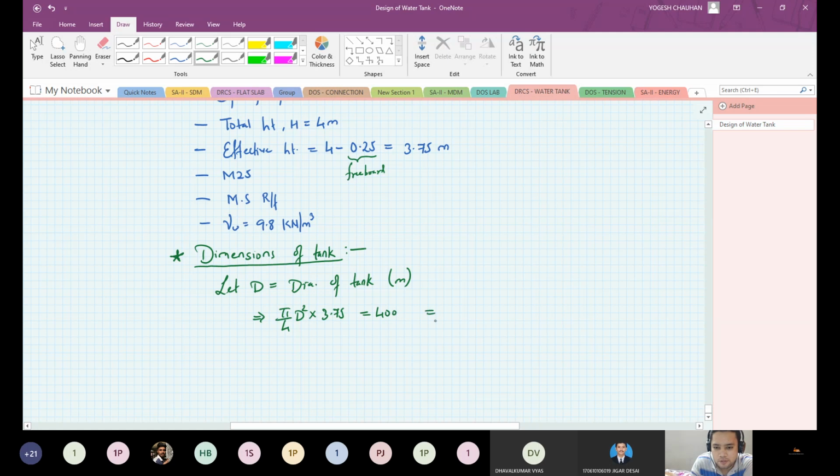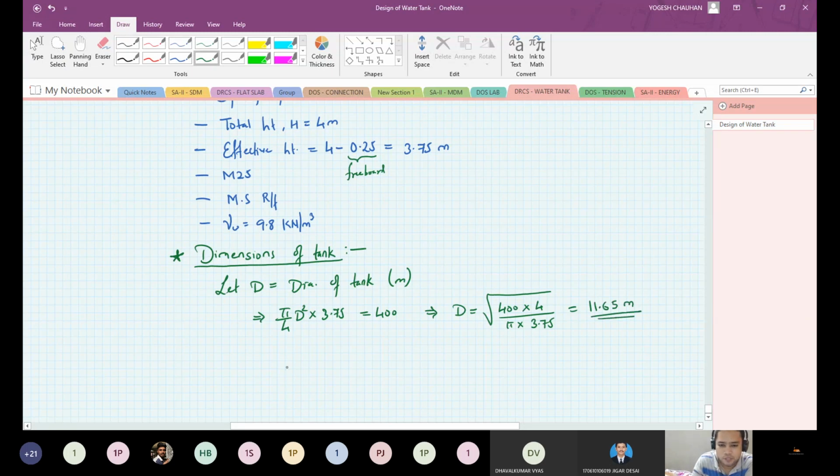So this implies D is equal to square root of 400 into 4 divided by pi into 3.75. So this comes out to be 11.65 meter.